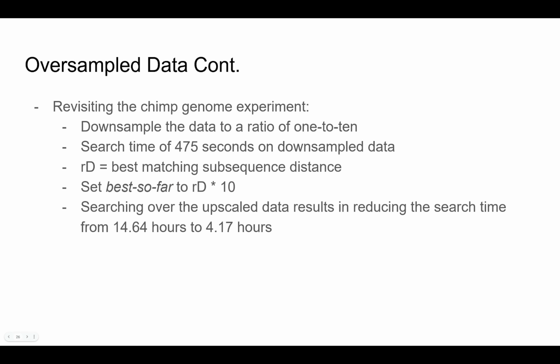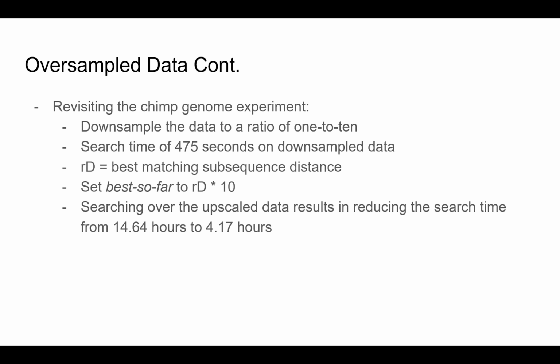So revisiting the chimp genome experiment we discussed, by downsampling the data to a ratio of 1 to 10, the search time was decreased to only 475 seconds. Then we are able to set the best-so-far to the value of RD times 10, where RD is the best matching subsequence distance.